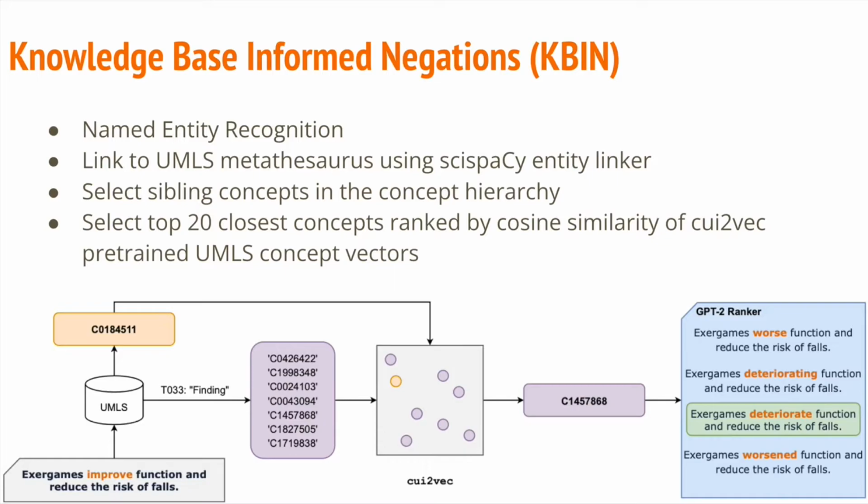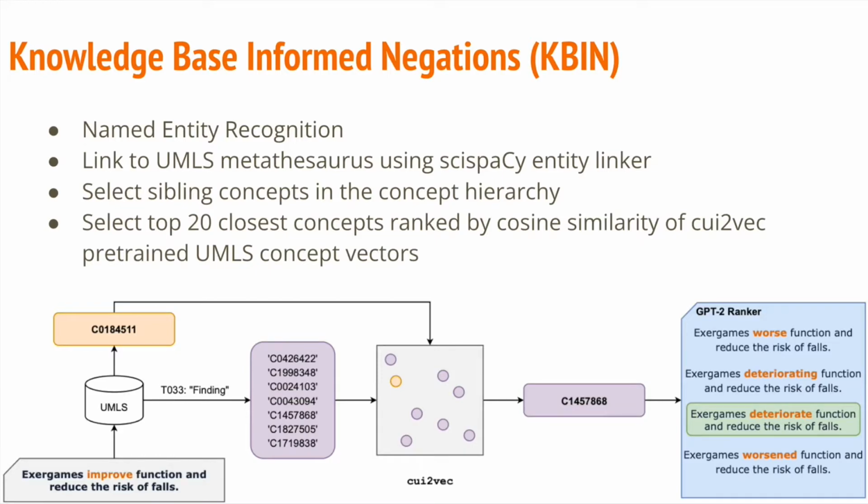So it's like a tree, but not actually a tree. So they can select the sibling concepts in the concept hierarchy, and they select the top 20 closest concepts ranked by the cosine similarity of CUI2VEC pre-trained UMLS concept vectors.